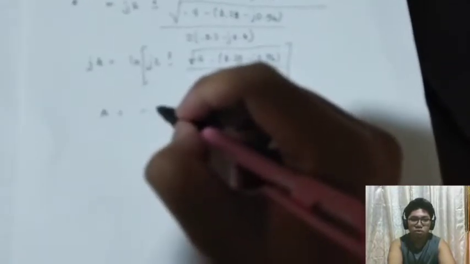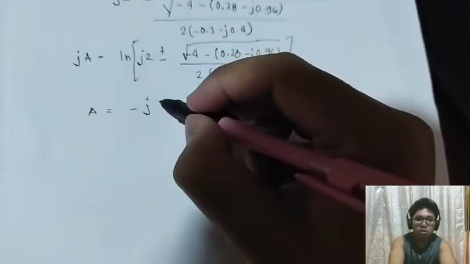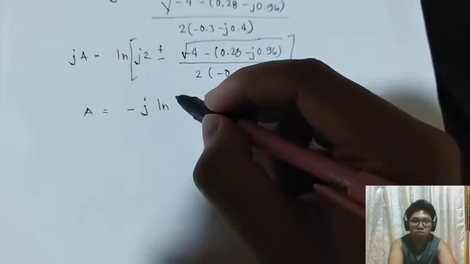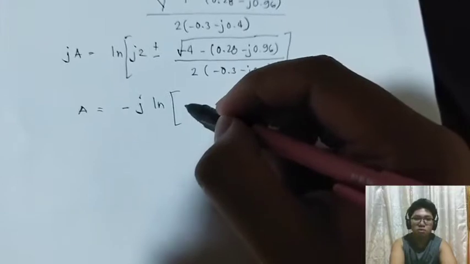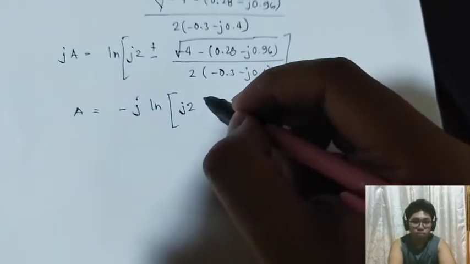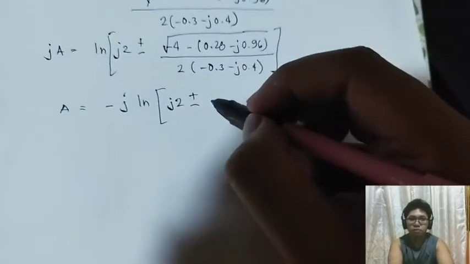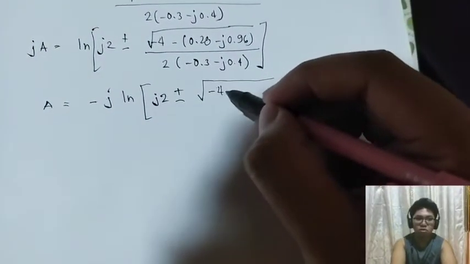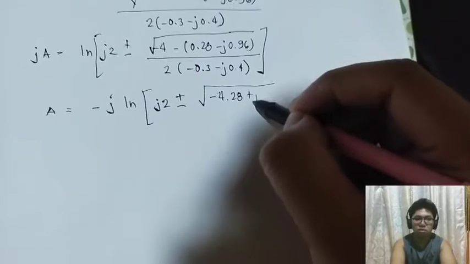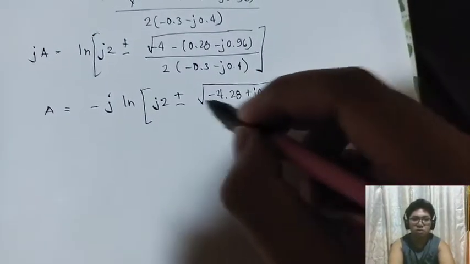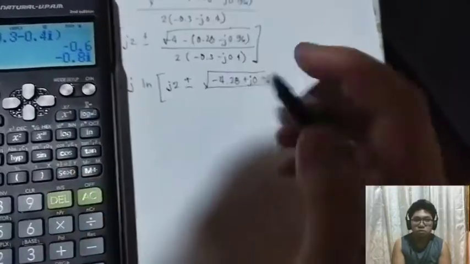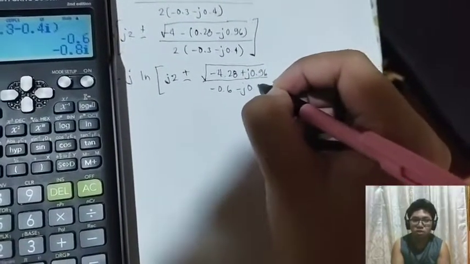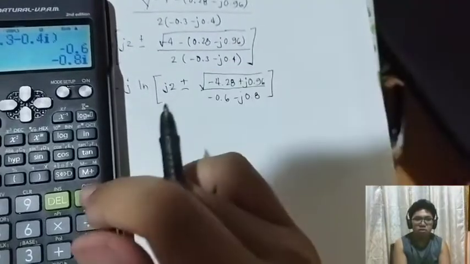Then we will transpose that j to the other side, that is a equal to negative j ln of j2 plus minus the square root all over, or we can simplify it over negative 0.6 minus j 0.08.